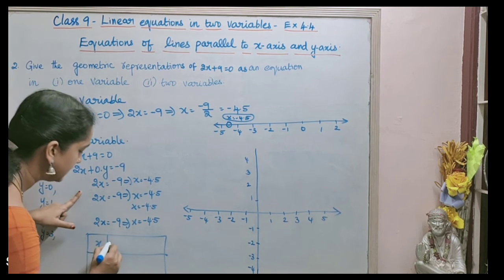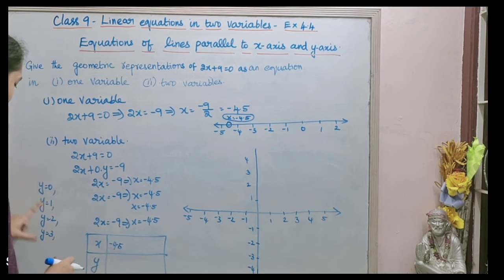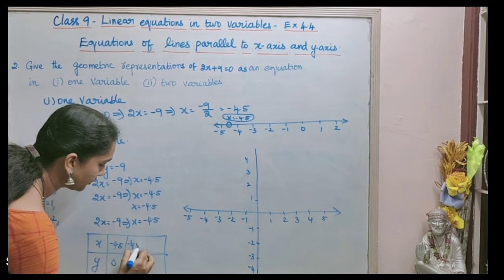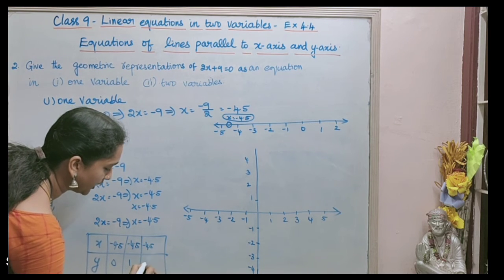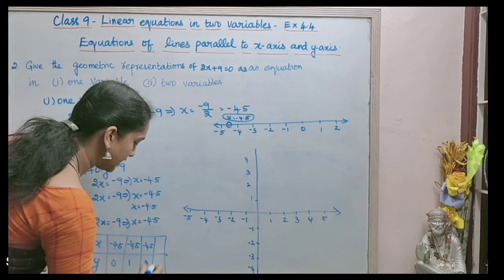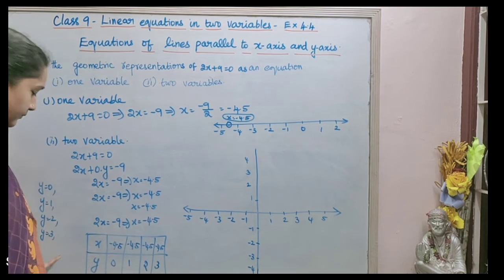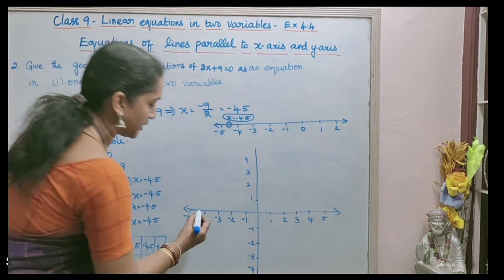X value is minus 4.5, y value is 0; x value is minus 4.5, y value is 1; x value is minus 4.5, y value is 2; x value is minus 4.5, y value is 3.